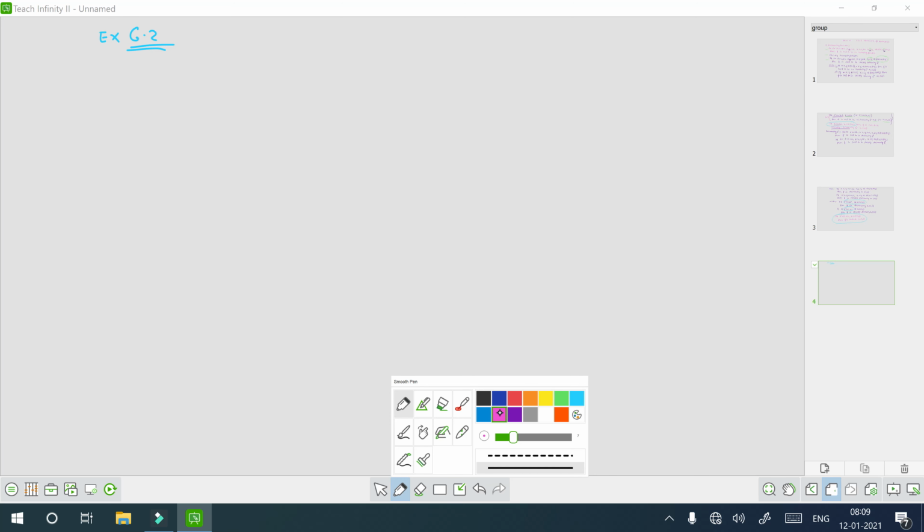Now see here, let us start the NCERT textbook exercise 6.2, exercise 6.2, based on increasingness, decreasingness. Now see here, illustration number 7 to 30.